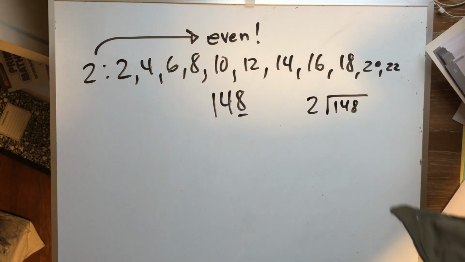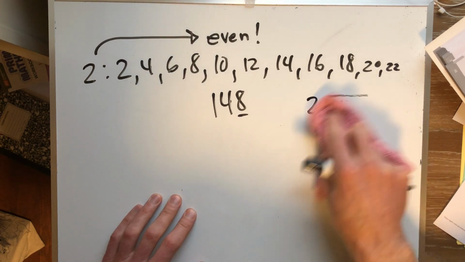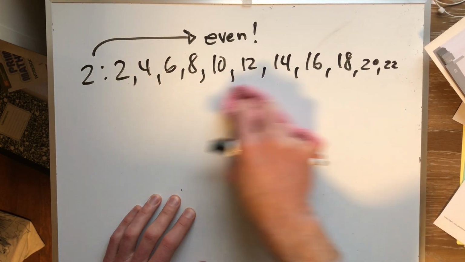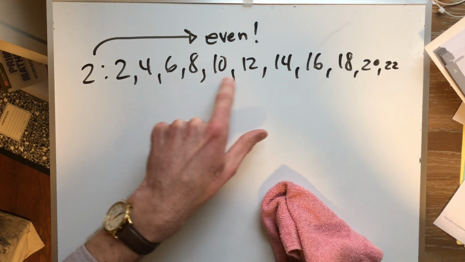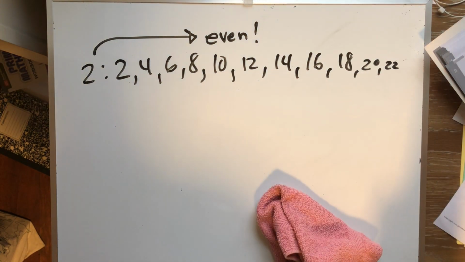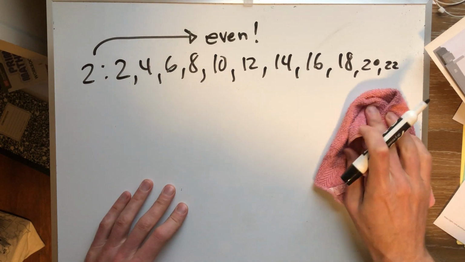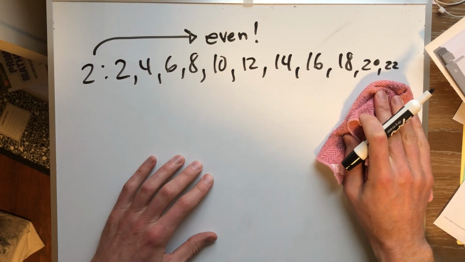What's half of 148? So any number that has a 2, 4, 6, 8, or 0 at the end, it's even, 2 can go into it. How many times? Well, you've got to figure that out.